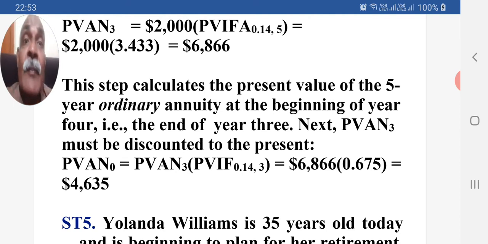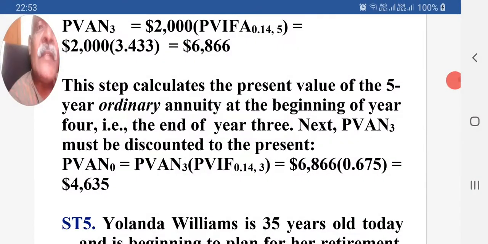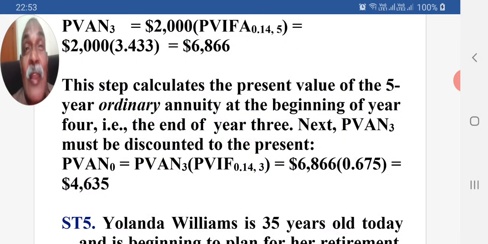So my present value annuity is equal to the present value annuity at the third year. Here is 0 and here is 3. This is your present, and after 3 years that becomes the future value. You write the present value annuity at year 3 multiplied by the present value interest factor. Here it is not an annuity, because you are not getting 6,866 every year.